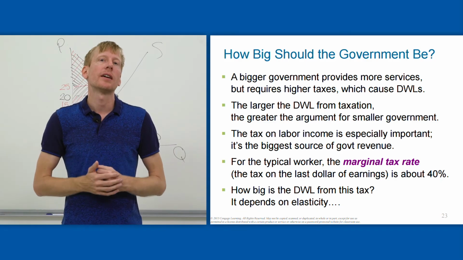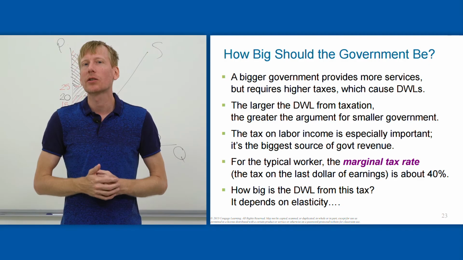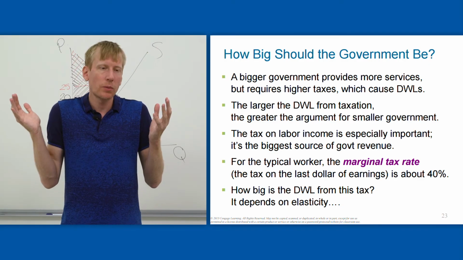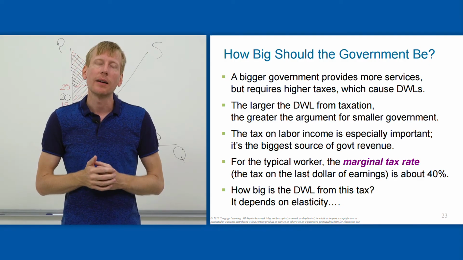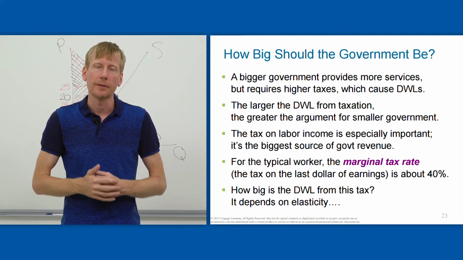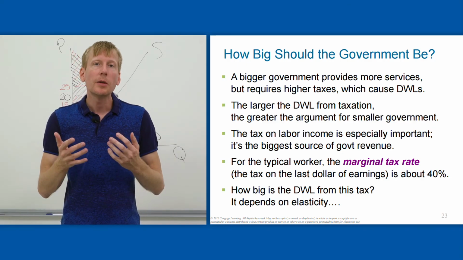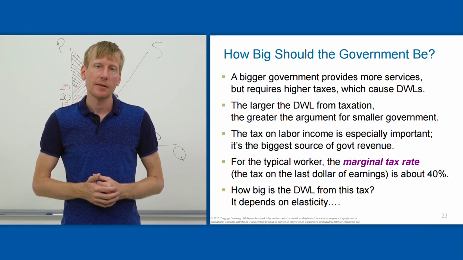It's critical for us to understand exactly what the deadweight loss is that's created by the tax that we impose on labor supply, the tax that we impose in the labor market rather than a product market. And that depends, as we've just illustrated, on what the elasticity is.